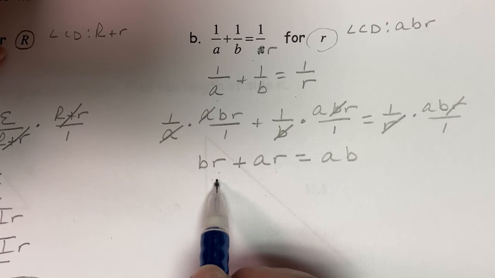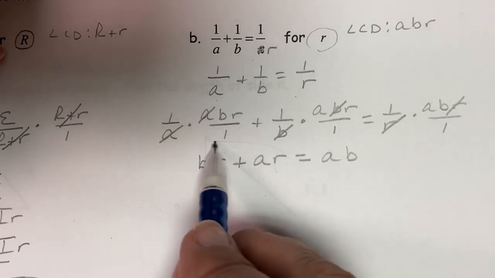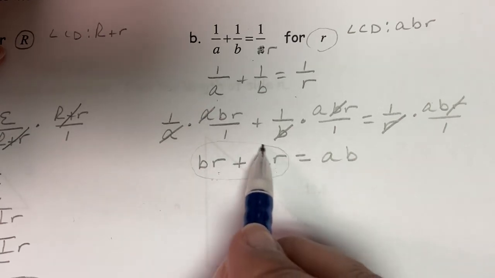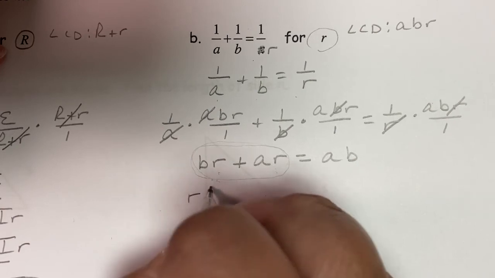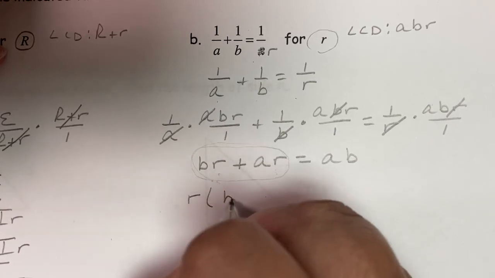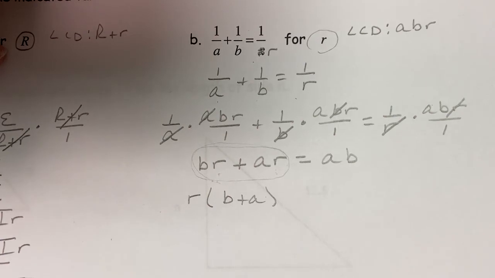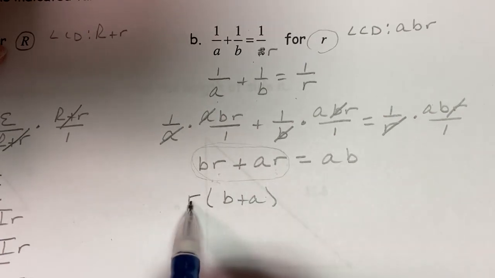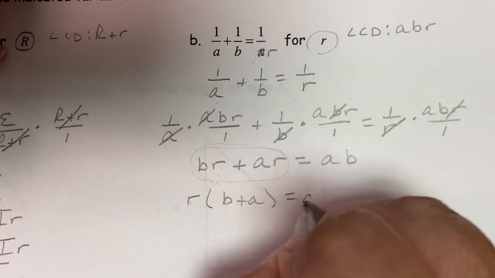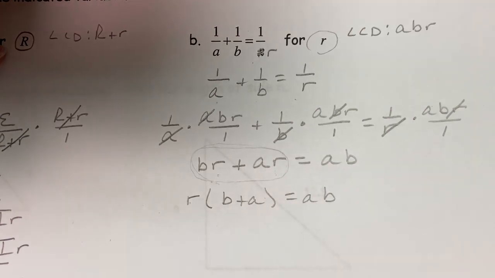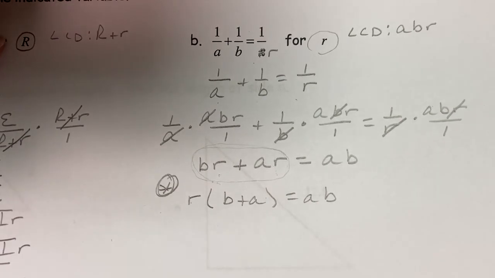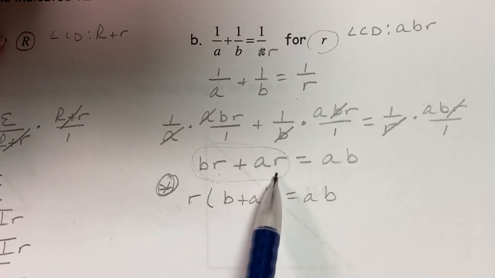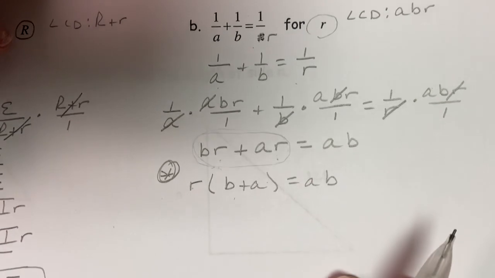And the answer to that question is I can factor that little r out of this expression. It's a GCF. So if I take an r out, I'm going to be left with b plus a. So notice how the two r's became 1, is equal to ab. So there's the trick right there. Star that, whatever you need to do, factor out. So if the two terms here have that common factor, factor it out.